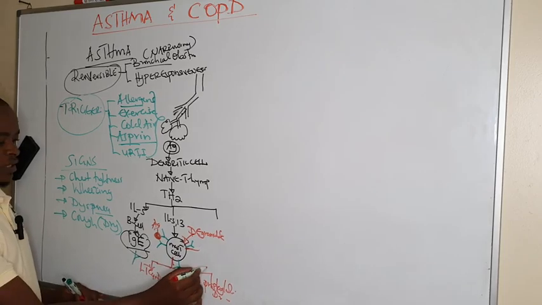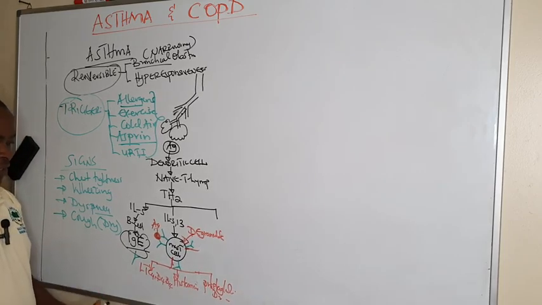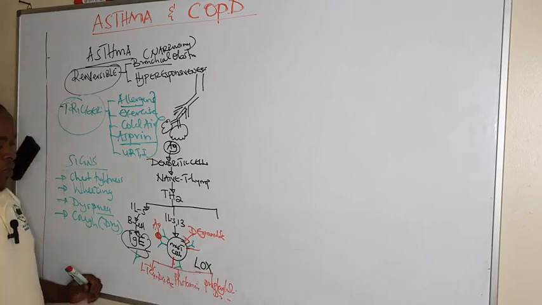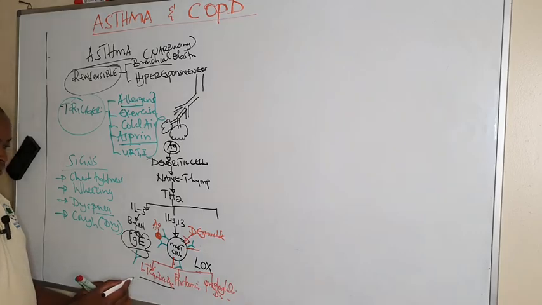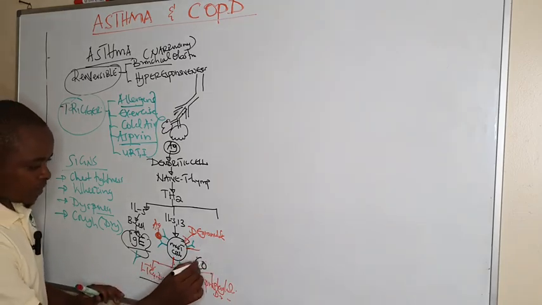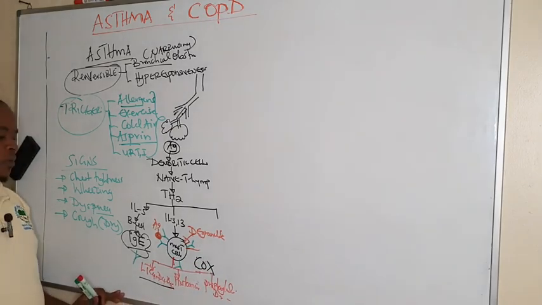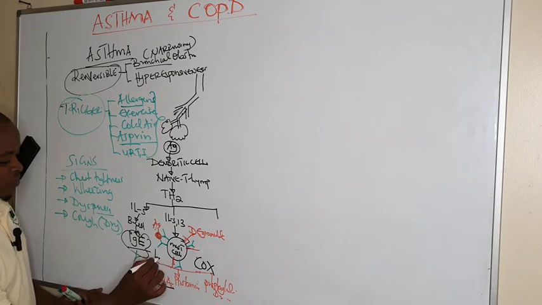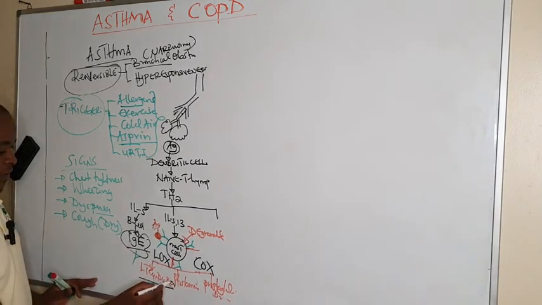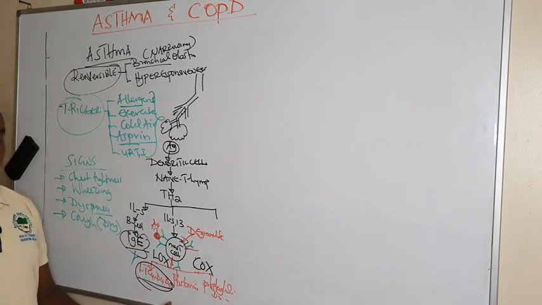This prostaglandin D2 is produced in the presence of COX, that is cyclooxygenase enzyme, whereas leukotrienes are produced in the presence of lipooxygenase enzyme, which produce these chemotactic and inflammatory mediators.